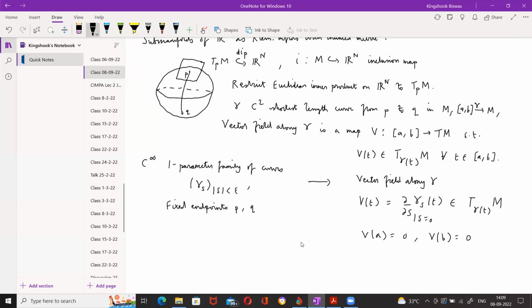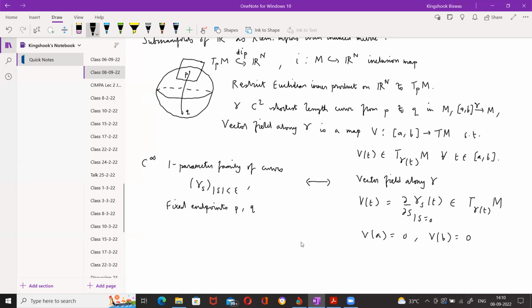All right. So what I won't prove, but the converse is also true in a sense that if I start with a vector field along gamma, which vanishes at the endpoints A and B, then you can construct a C infinity one parameter family of curves defined for s small with fixed endpoints P and Q, whose variation vector field is equal to V. Okay, so you can go backwards in this correspondence.